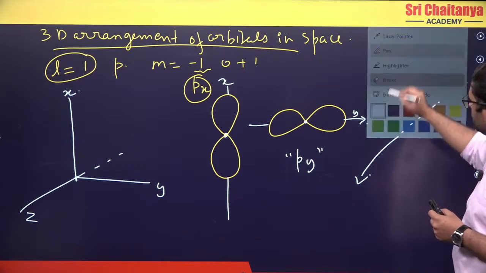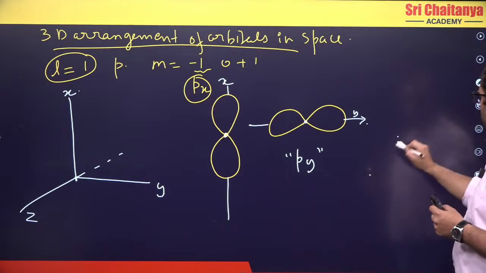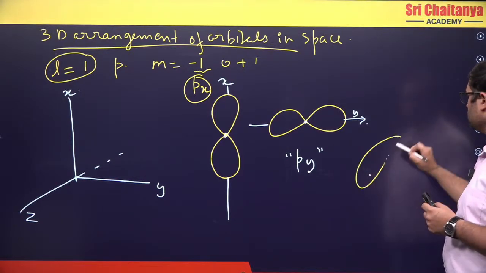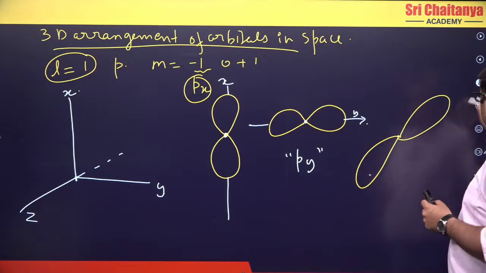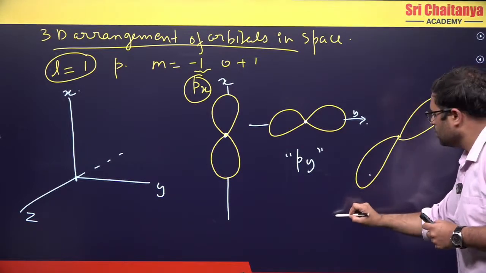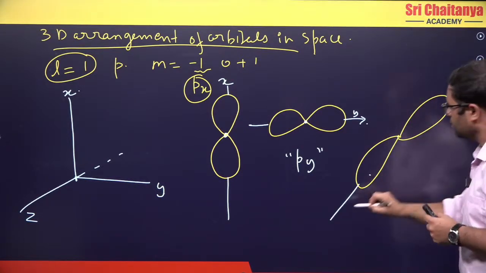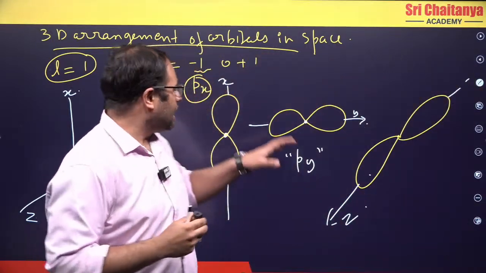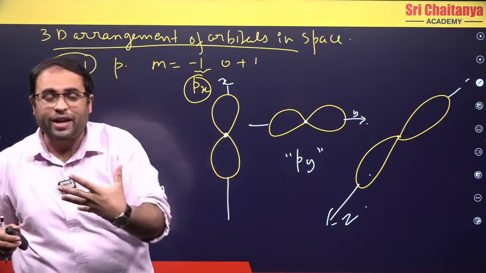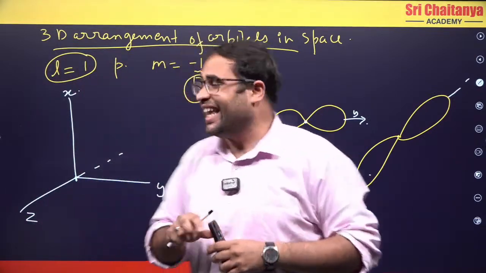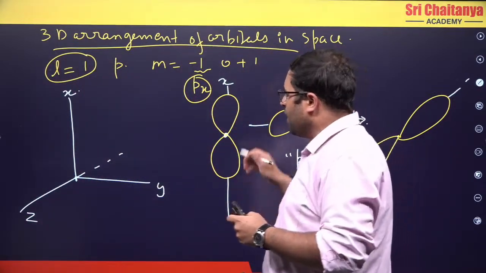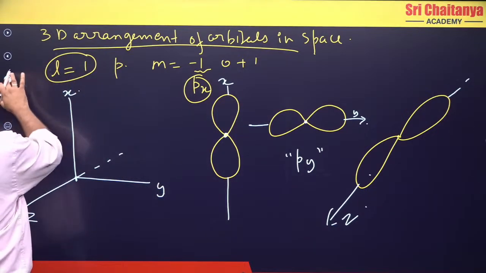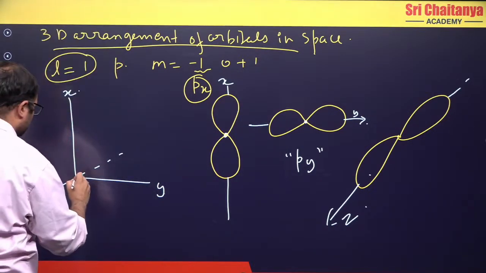This is your z. Let us draw that also. So your z axis. See, understand that these are 3 different arrangements of the p orbital in this space, right? Now, if I draw all of them together here, how will it look?